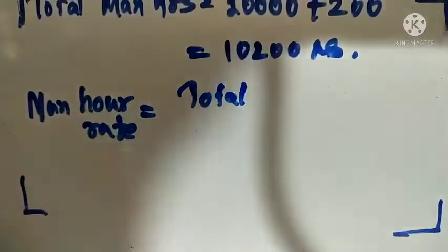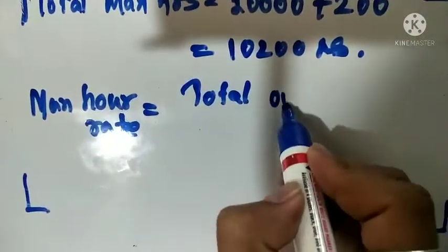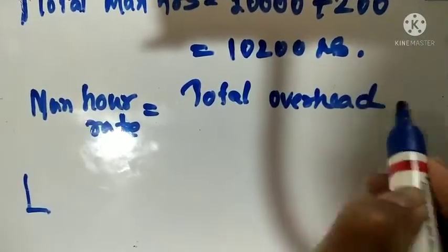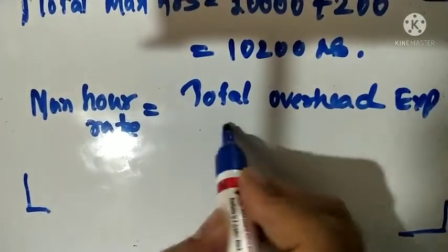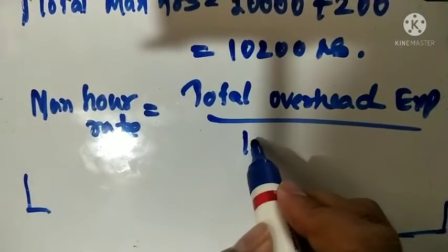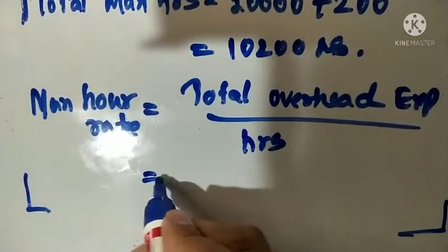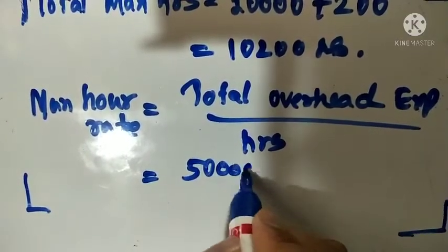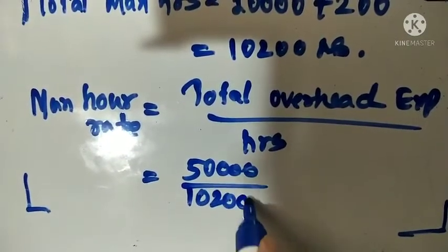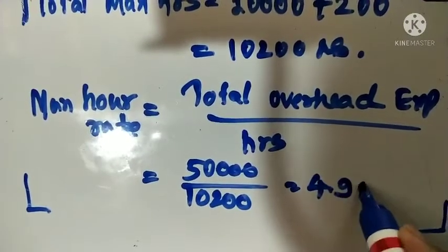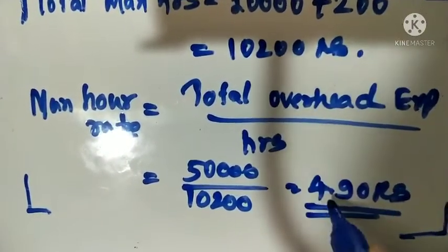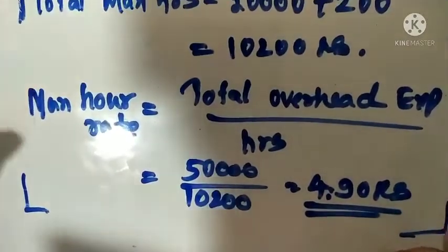Overhead is 50,000 divided by the number of man hours, that is 50,000 divided by 10,200. So we will get a value of 4.9 rupees per man hour that you have paid in that particular month.